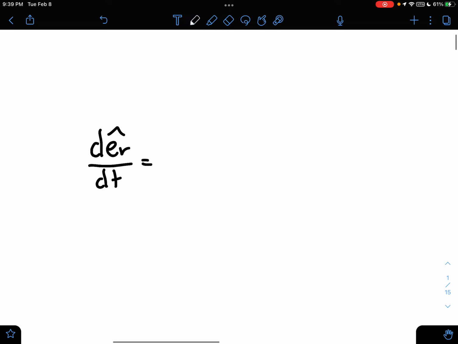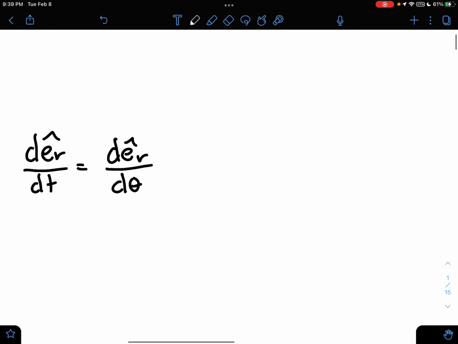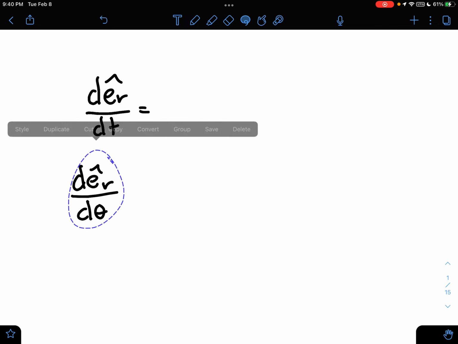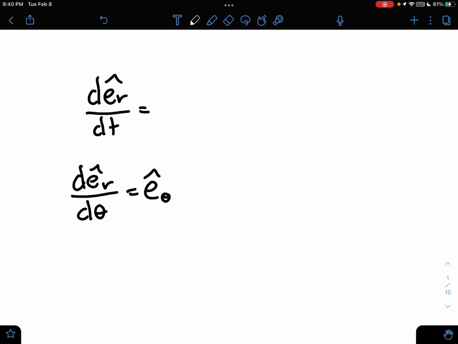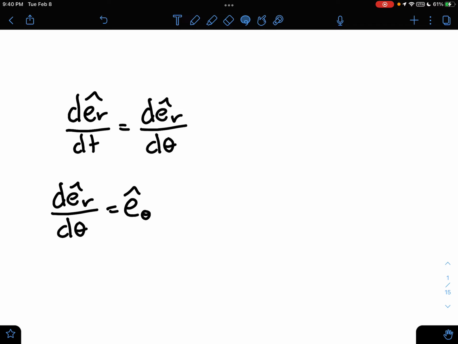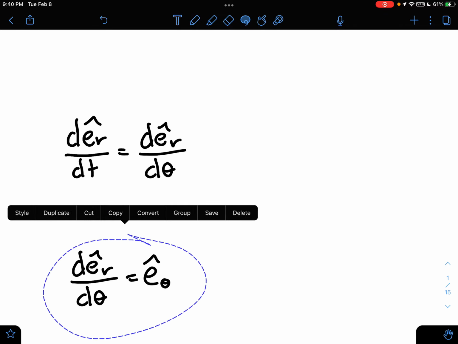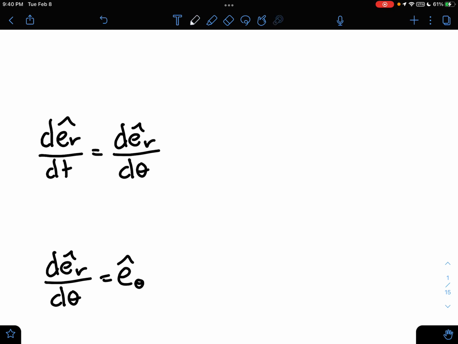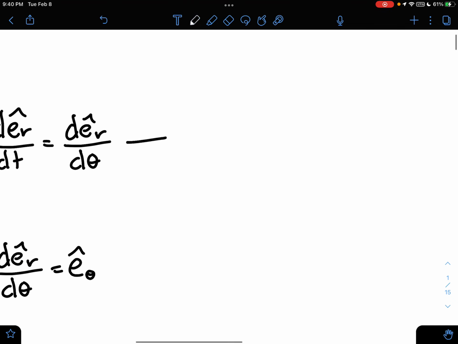So we know that for d e hat r, we take the derivative with respect to theta, that gives us e theta hat. But we want this with respect to time, so we want time as our denominator, so to make it cancel, we multiply by d theta dt.